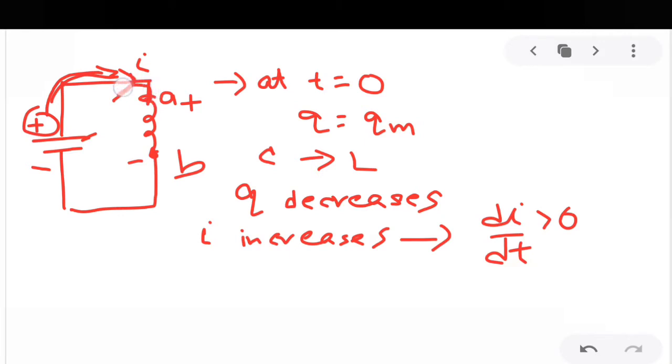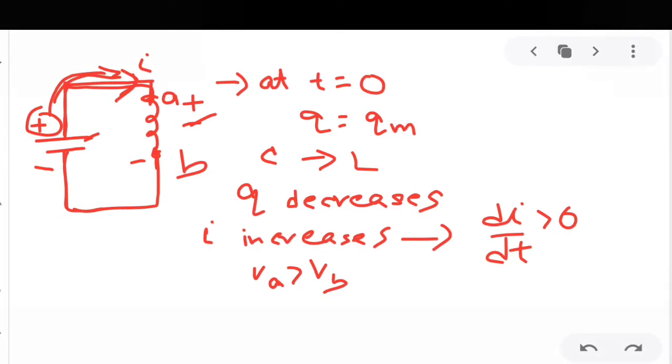Terminal A is connected to the positive plate, so it has a positive potential. Terminal B is connected to the negative plate of the capacitor, so it has a negative potential. So we can say that VA is greater than VB.